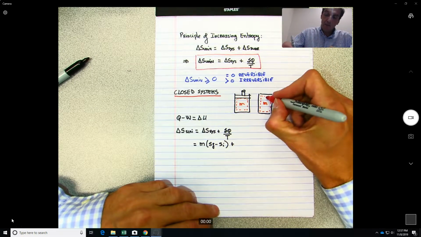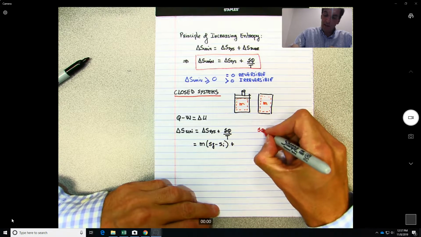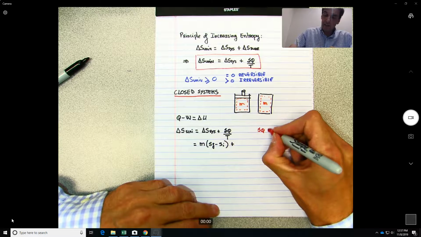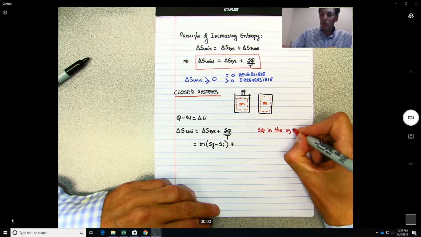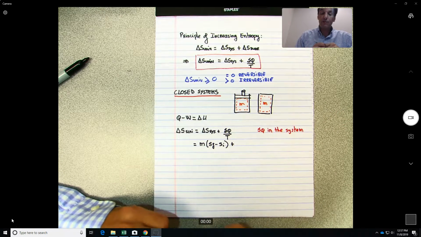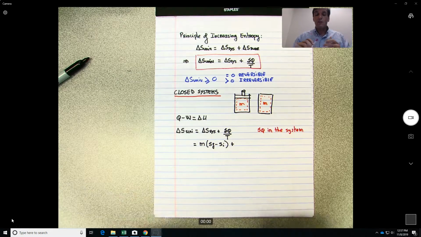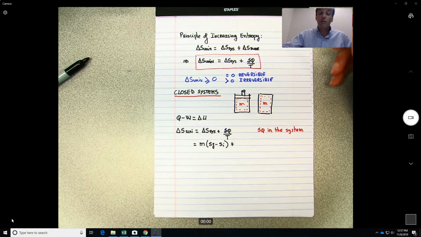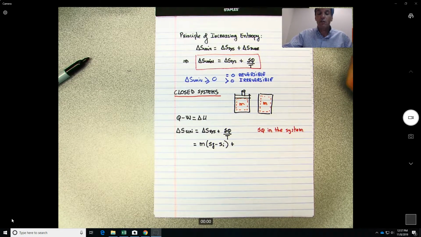So if you put heat into the system, what is that going to do? Is it going to increase or decrease the entropy? Basically, you need to think about the definition of entropy, which is a measure of how well you are using the energy.